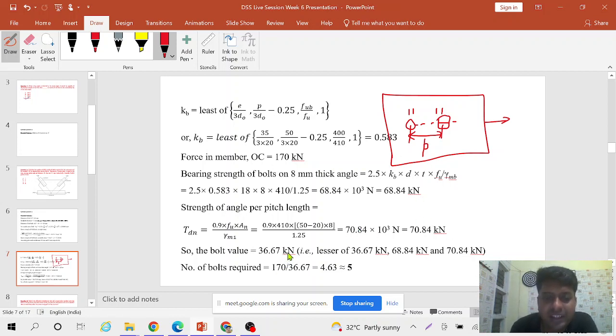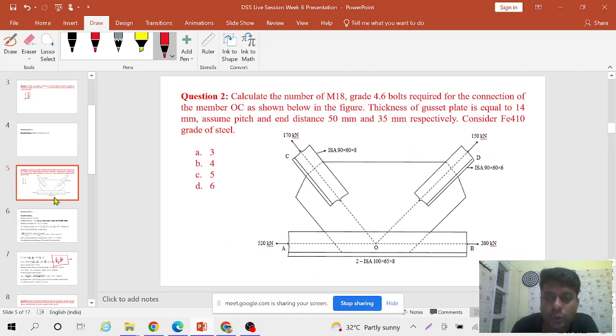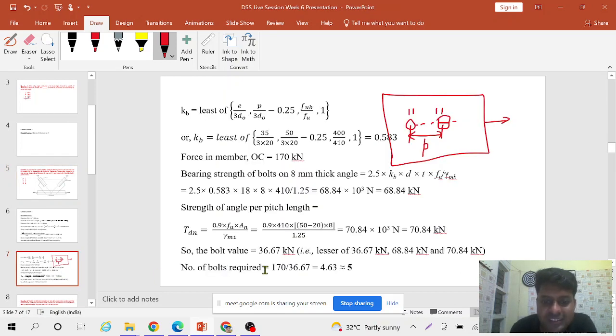So we have to take the minimum of all these 3 values. So the bolt value is equal to 36.67 kilonewton. In the question you can see that this plate is subjected to 170 kilonewton of load, and your bolt value is coming out to be 36.67 kilonewton.